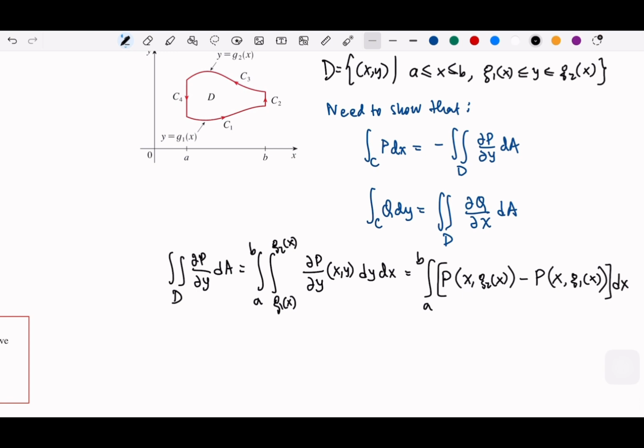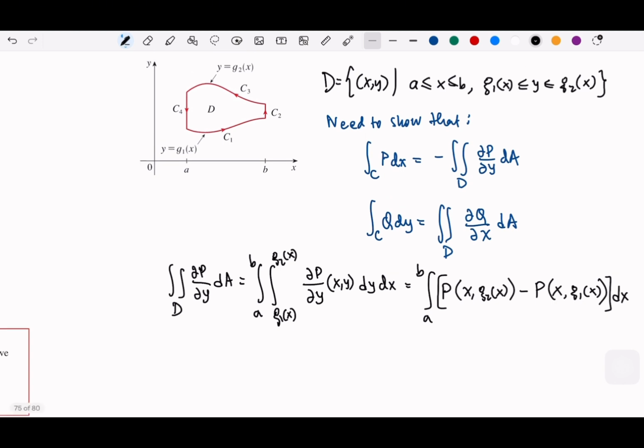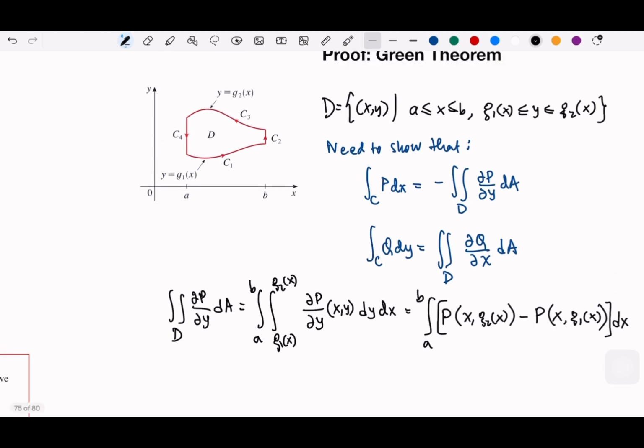So if we break the curve C as C1 plus C2 plus C3 plus C4, as shown in the figure, then we could use each one of these paths, C1, C2, C3, C4. Each one of them, we could set up the parameter.